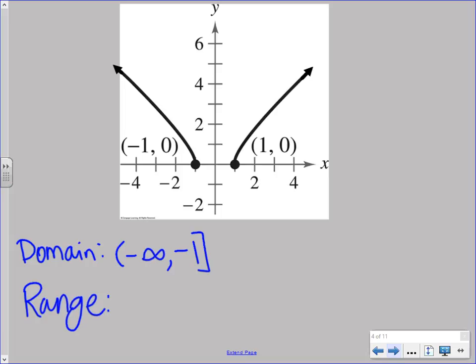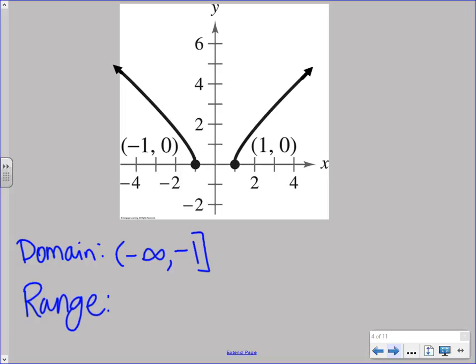So we start at -1 and it keeps getting smaller. So everything below -1. Since -infinity is not an actual number, we cannot put a bracket on it. Anytime you have an infinity, it has to be in parentheses because we can't include something that's not a number.